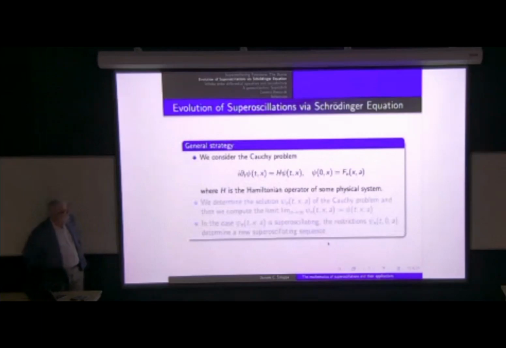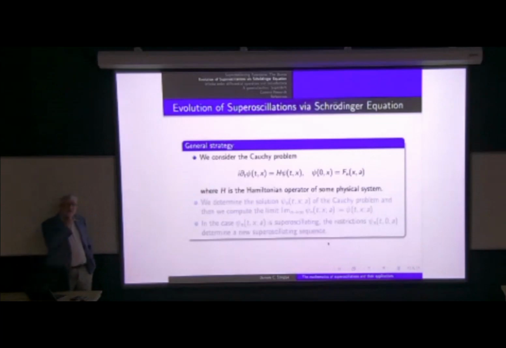So what is the strategy? Well, first of all, we look at the Cauchy problem. That's our starting point, where F_n is a superoscillating sequence, H is the Hamiltonian, and as I said, there are a very large number of cases that can be addressed with this.